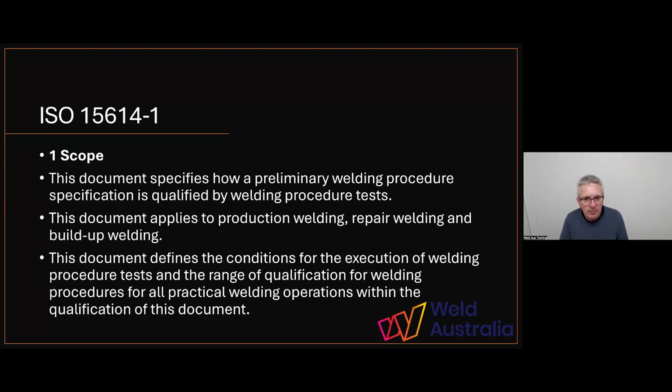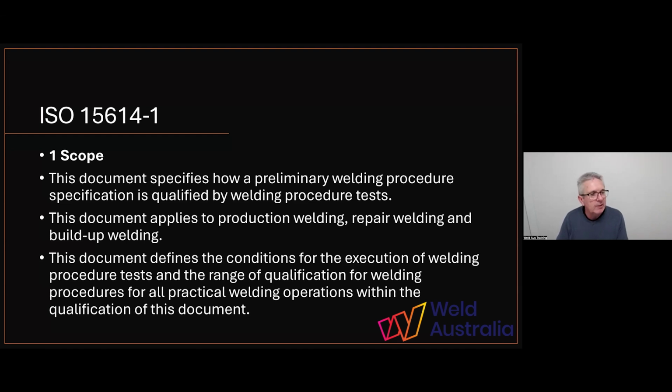So you're doing WPQR. This document applies to production welding, repair welding, and build-up welding. This document defines the conditions for the execution of welding procedure tests and the range of qualification for welding procedures and all practical welding operations within the qualification of this document. So you will see the range of basically the testing requirements.